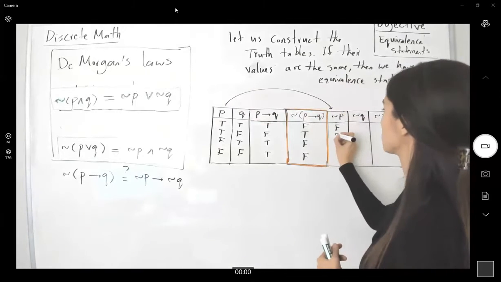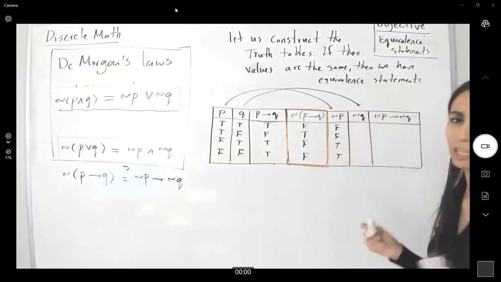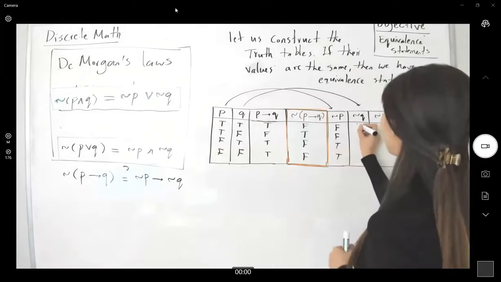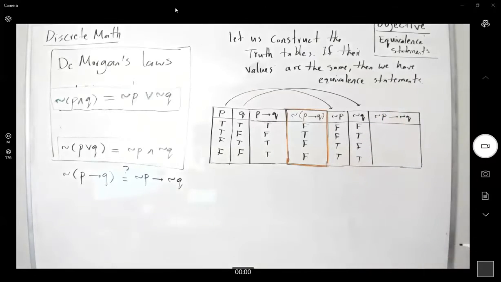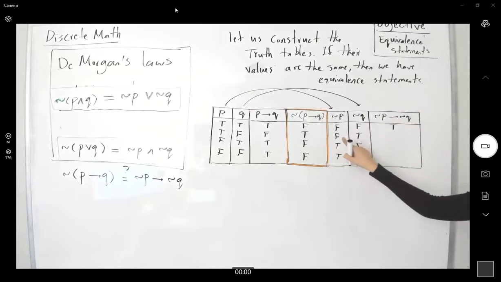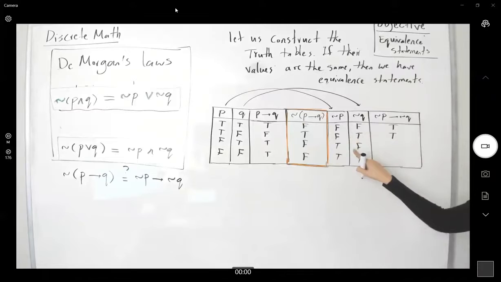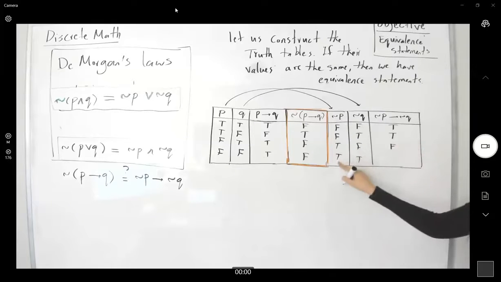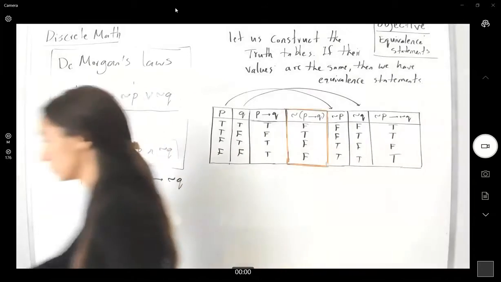It's going to be false, false, true, true. For this one, it's going to be the negation of Q, so we have false, true, false, true. Okay, so not P, then not Q. False implies false, you know, this is true. False implies true, this is true. True implies false, false. True implies true is true. Well, take a look at this.